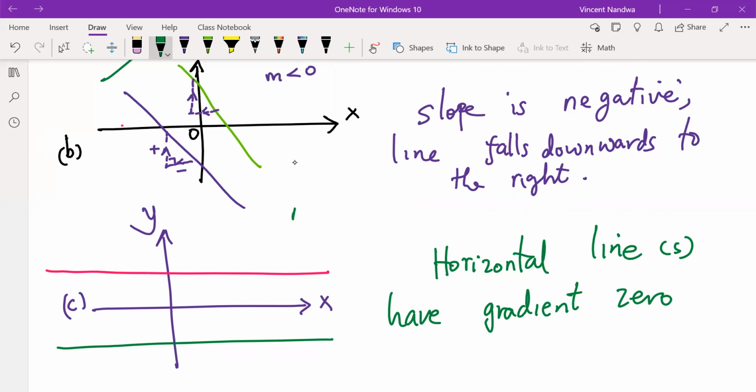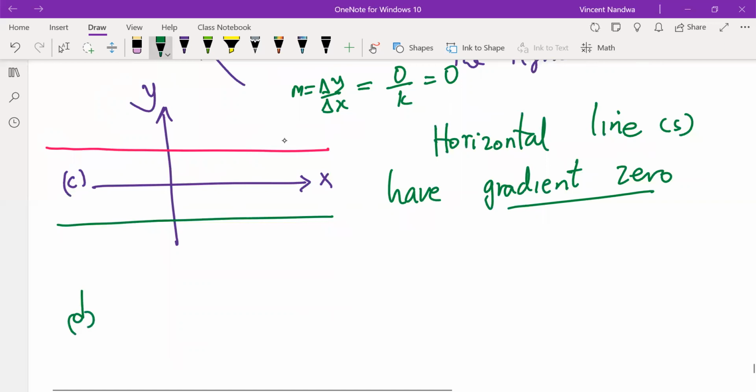You see, gradient m is change in y over change in x. For a horizontal line, change in y is 0, and change in x is some value. Zero over any number is always 0, so for a horizontal line, the gradient is always 0.